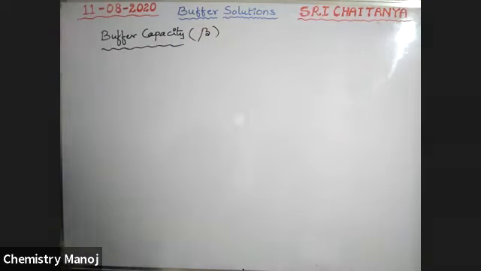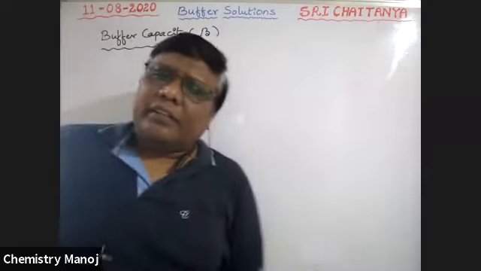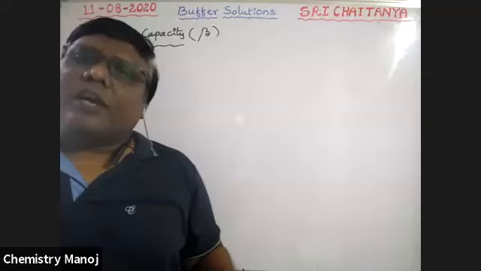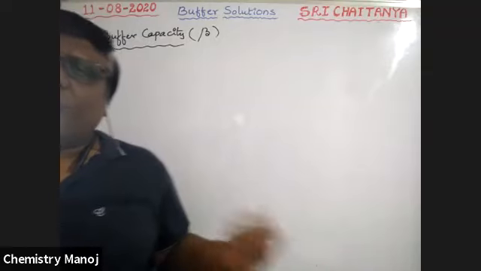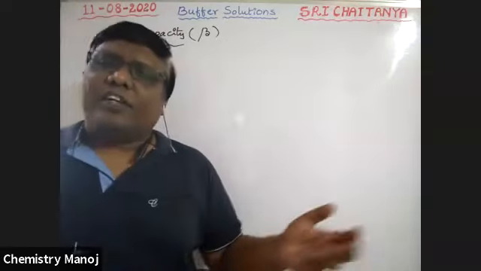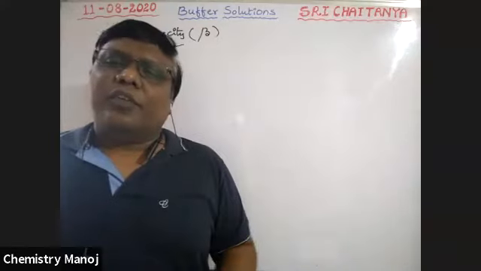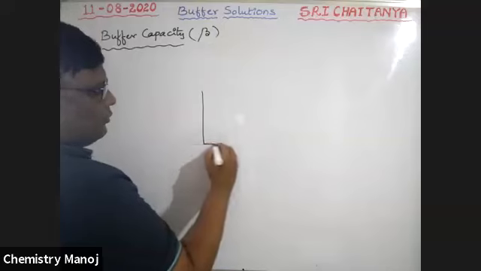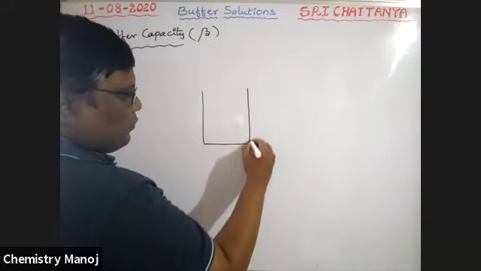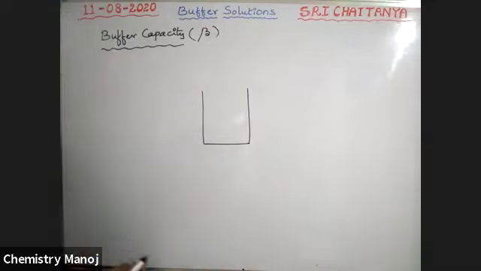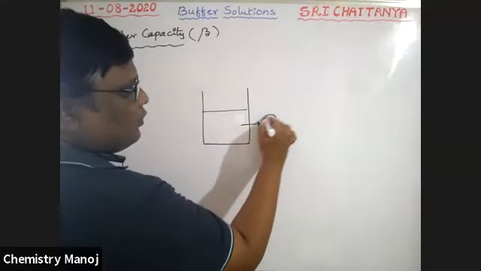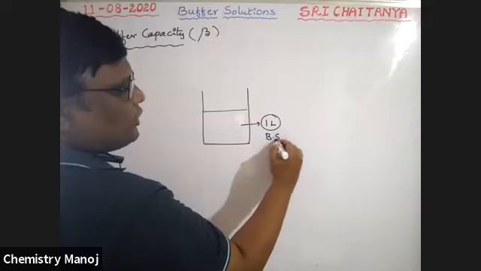Before going to the definition, I will give an explanation, and after that you should be able to state the definition yourselves. See here, let us take a 1 liter buffer solution.